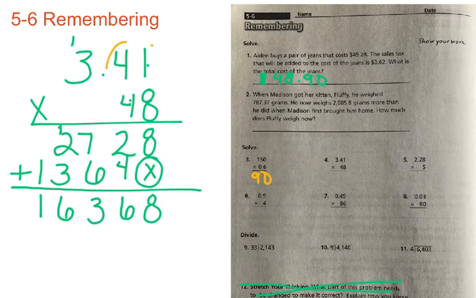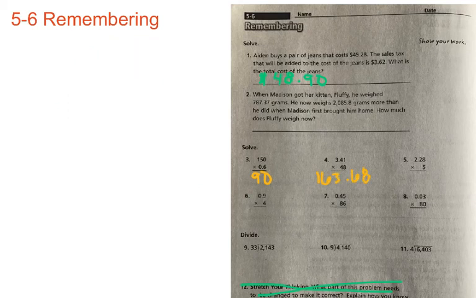Here we have 2 numbers in the original problem following the decimal. So we go down to our answer, and we're going to shift 2 places to the left. 1, 2, and then we're going to add in our decimal. So 163 and 68/100ths, or 163.68 is your answer. We're going to then go down to our division problems, and we will complete number 10 together.